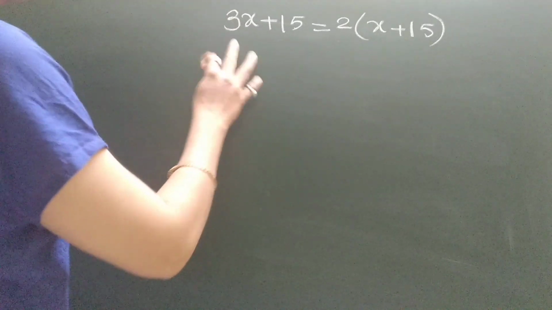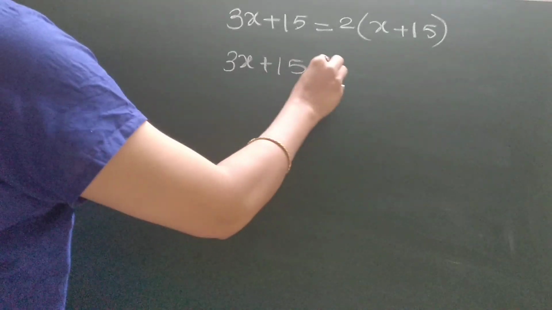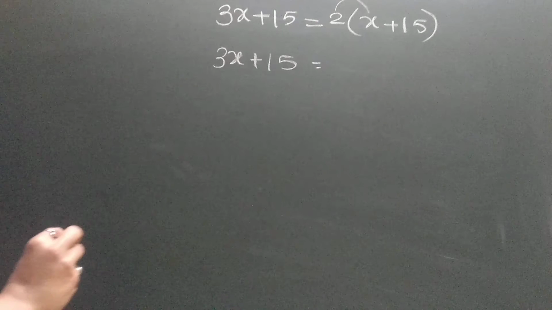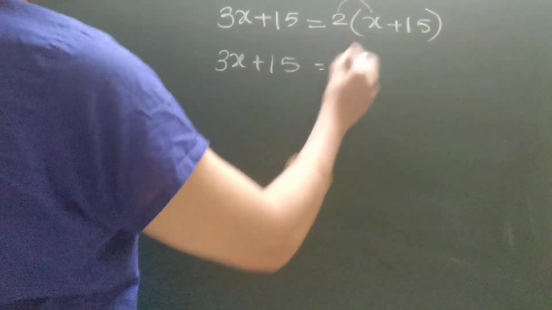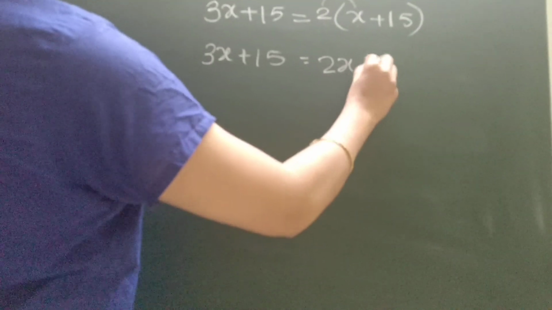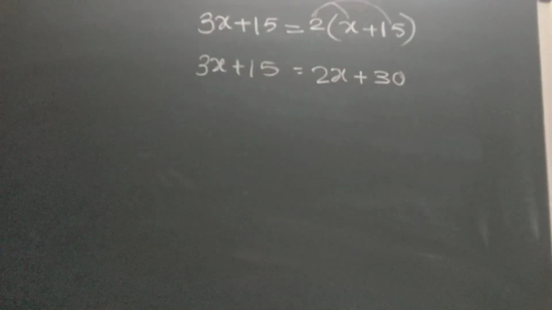So on the left hand side we have 3x plus 15, and on the right hand side we multiply each term in the bracket by 2. So 2 into x is 2x. Then 2 into 15 is 30.